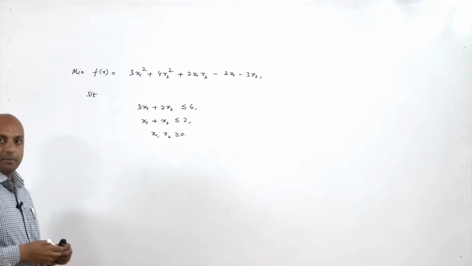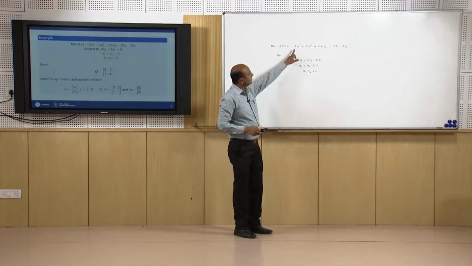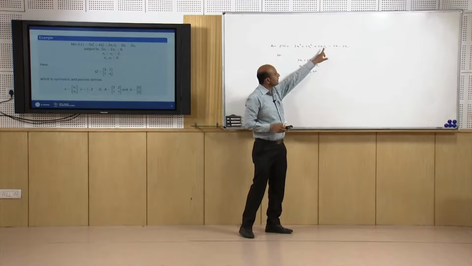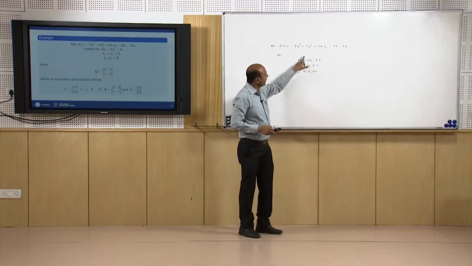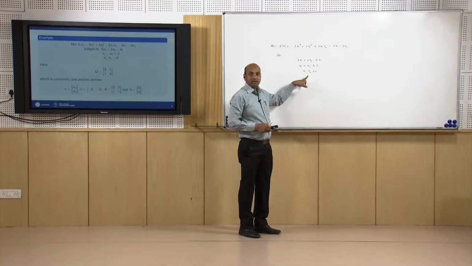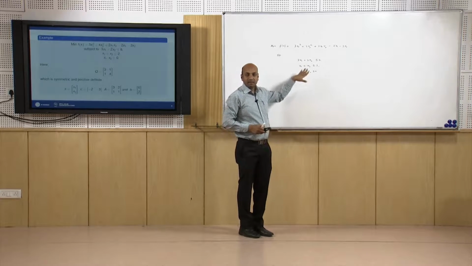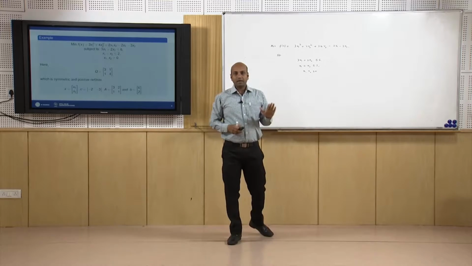In this problem the objective function is quadratic because it is of degree 2, and all the involved constraints are linear. So, we can say that this problem is a quadratic programming problem.